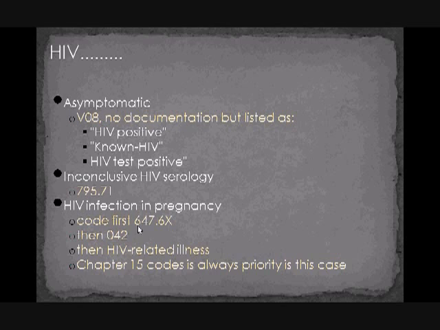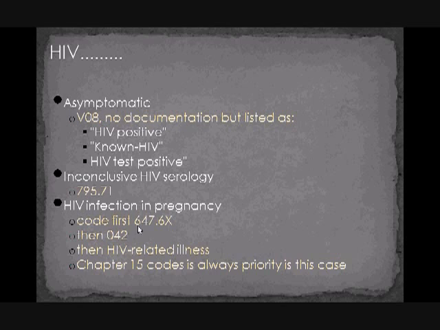Whenever there is no diagnostic statement stating this person is HIV positive, but there might be documentation saying something to the effect of possible HIV individual, or this person has been listed as HIV positive in the past, or tested positive in the past, but there is no actual test in the record, or this might even be some sort of secondary data, in this case, this person gets a V08.